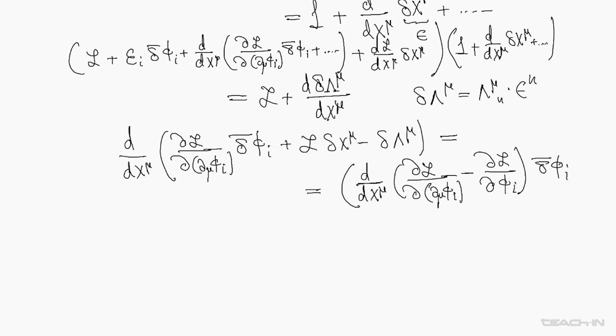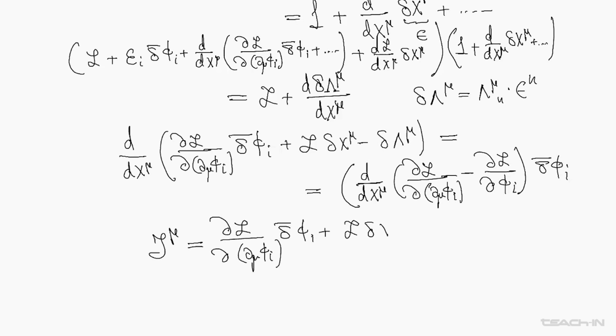From here, you read off that there is a current, J mu, which is d Lagrangian over d mu phi I times delta bar phi I, plus Lagrangian delta x mu, minus delta lambda mu, whose divergence vanishes on equations of motion.